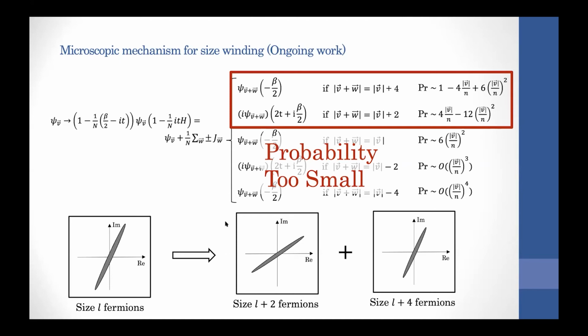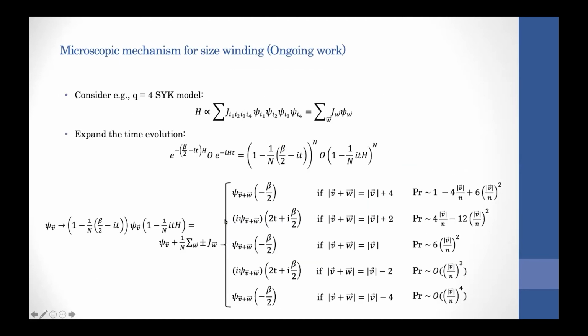I'm actually not doing that. If you look here, I'm just evolving by a little bit of beta over 2 minus IT, and then by a little bit of IT. So I'm not really alternating between these two.